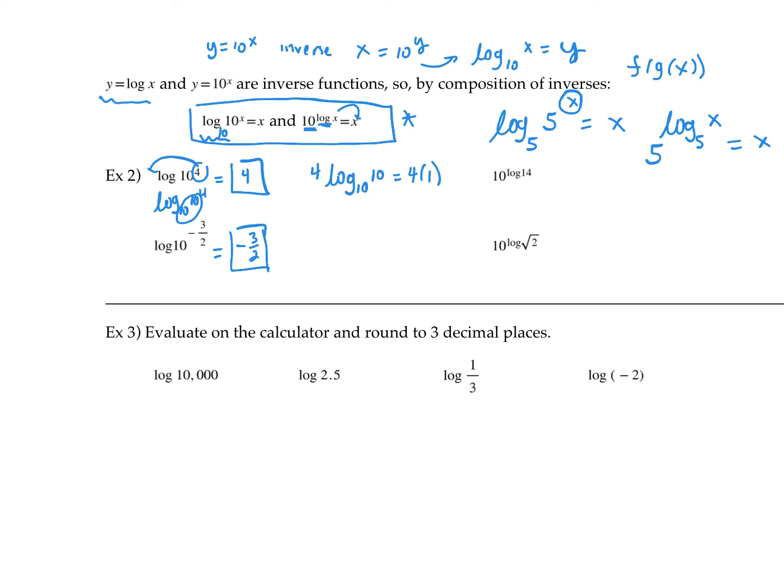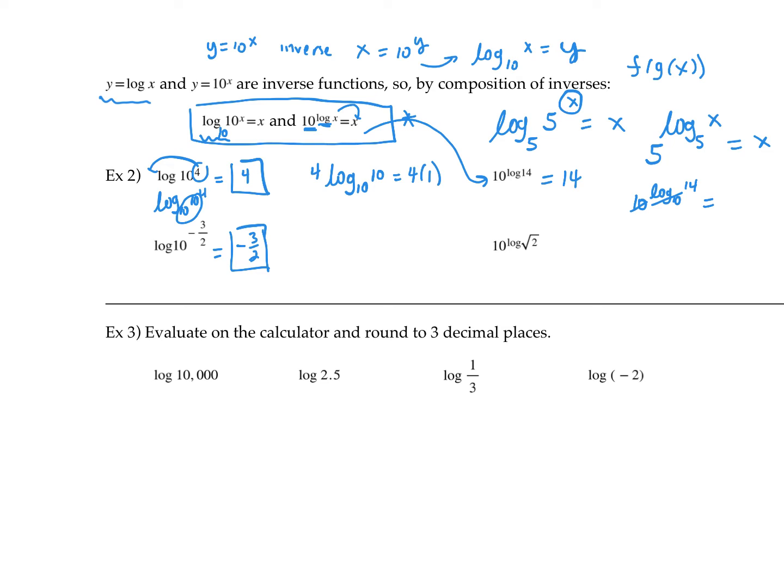All right, to the right, we're going to be using the second example, if you will. 10 to the common log of 14 will just be equal to what we're taking that logarithm of, which is 14. I know I don't like to say things this way, but when you have 10 to the common log of a number, I almost want to say to you, think of these two as canceling each other out, although it's not exactly what's happening here.